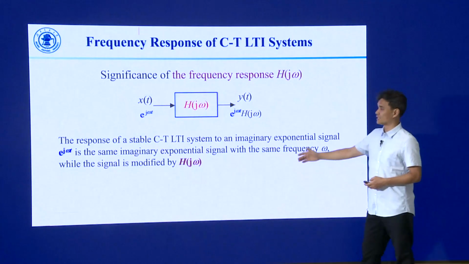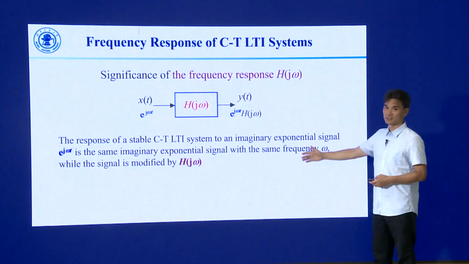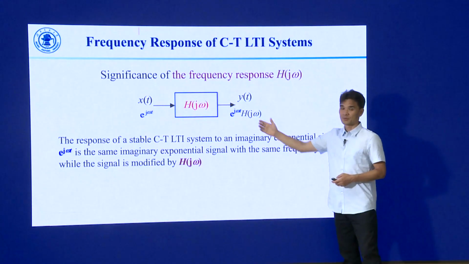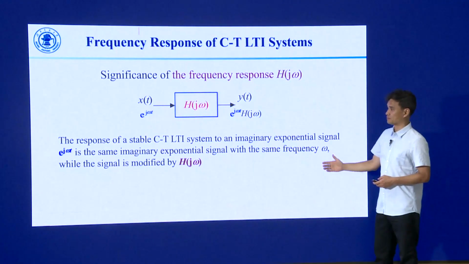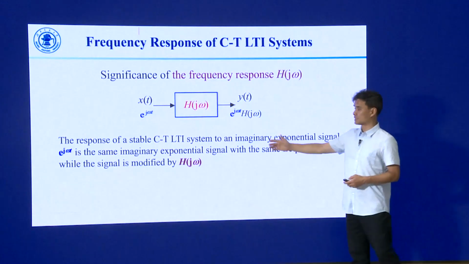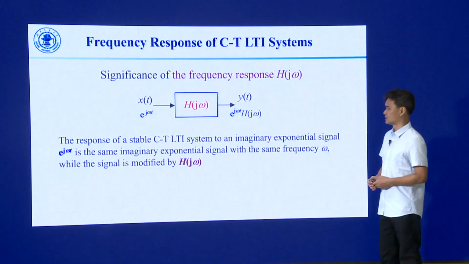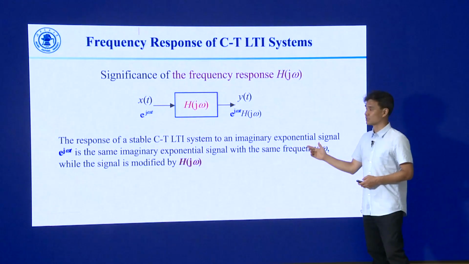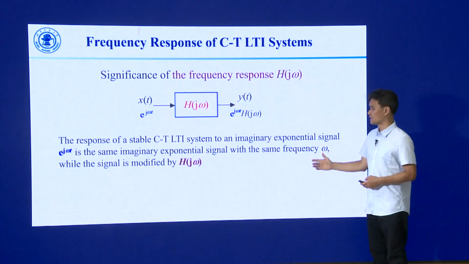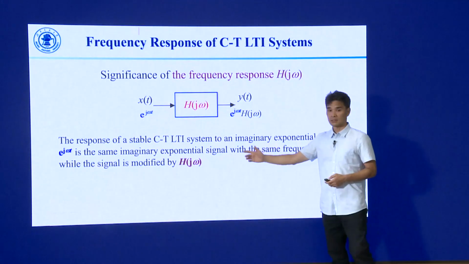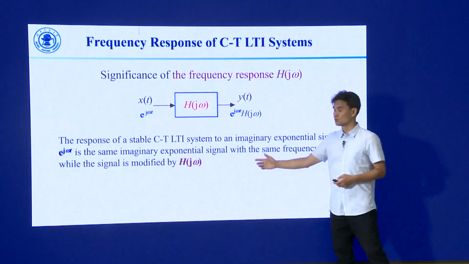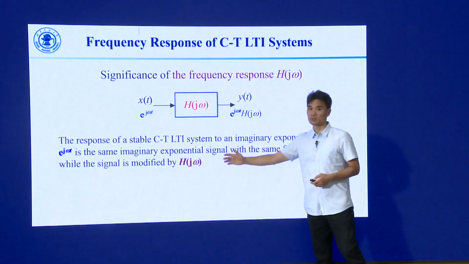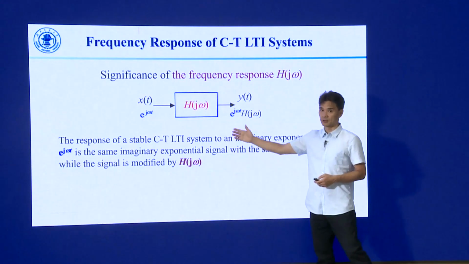So here is the explanation of the behavior of the system in the frequency domain. For a stable continuous time LTI system, if the input is an imaginary exponential signal, then the output is the same imaginary exponential signal with the same frequency, while the signal is modified by the system's frequency response.